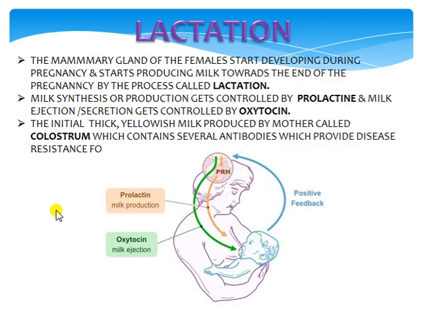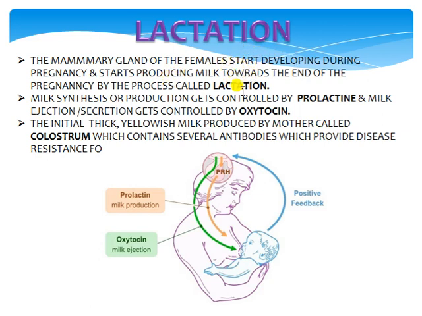Next we have come to the last portion, or the last slide of this chapter, that is lactation. Lactation is after the delivery of the baby. Obviously in the maternal body, milk synthesis and milk secretion both will get started. Why?